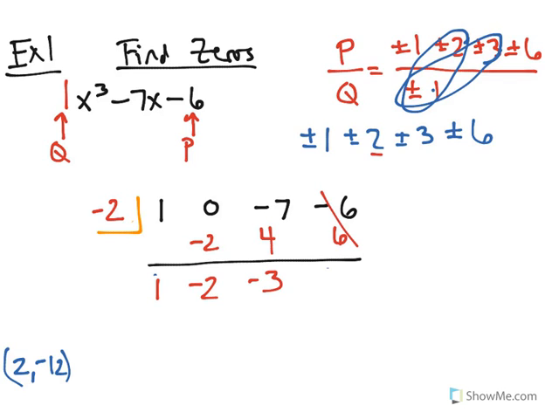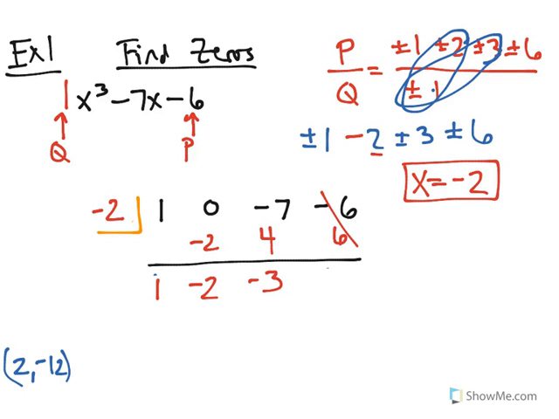So that does work, and so now I know that negative 2 is a solution. Just because it works once doesn't mean it can't happen again. The only one I can eliminate was the actual positive 2, but negative 2 is still fair game.